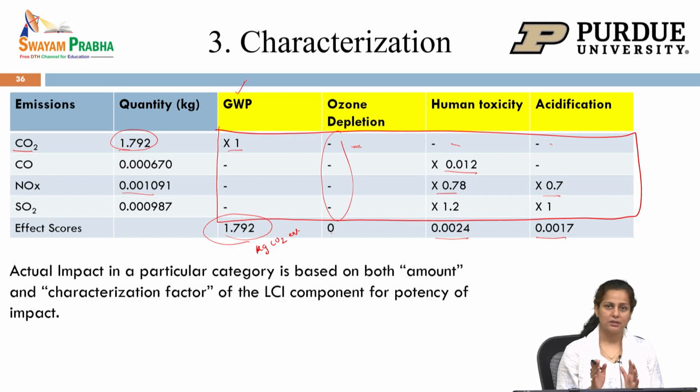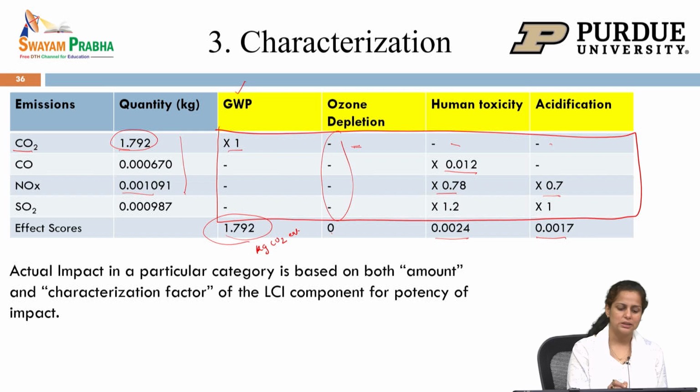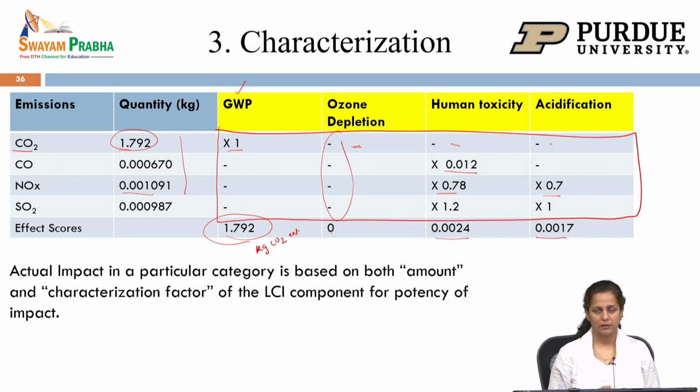So, your actual impact in each impact category is dependent both on the quantity of your emissions and the characterization factor. I multiply the amount by the characterization factor and I get the impact in that particular category. That is the step of characterization, which is mainly taking the characterization factor that quantifies the impact of your LCI into that impact category, multiplying by the total amount of that LCI component with each of its characterization factors, and calculating the total impact.